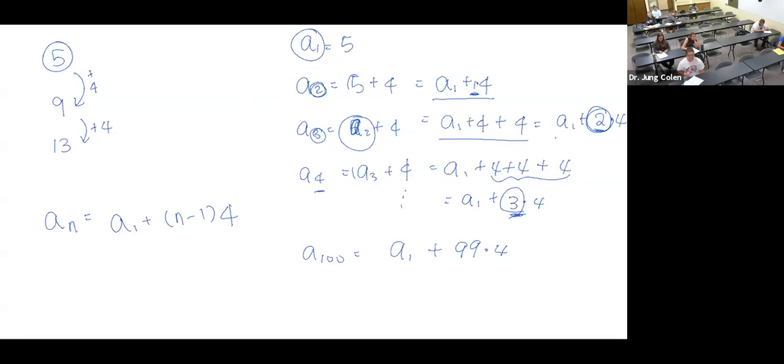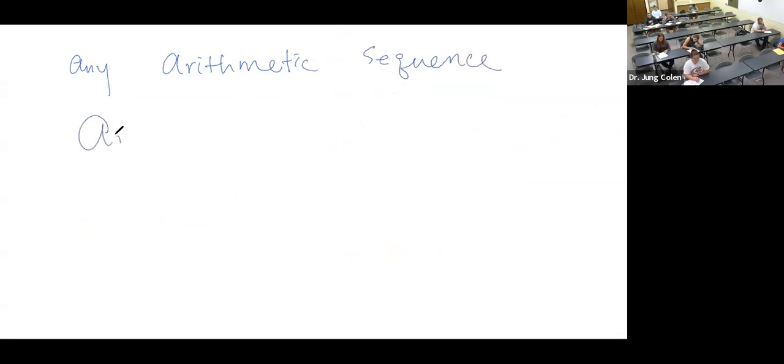So for any arithmetic sequence, you can have this conclusion. You can conclude a sub n in arithmetic: you add the first term, and then you subtract 1 from the term number and multiply that by the change.